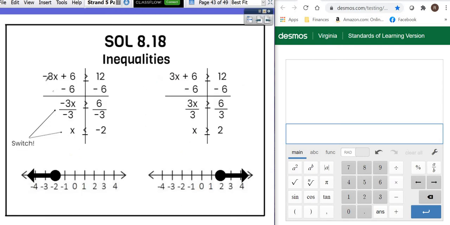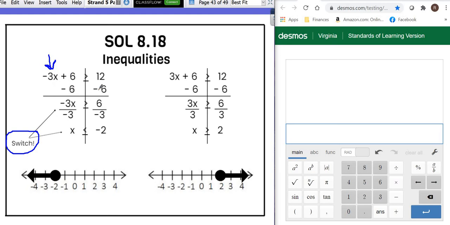So for example, when we're solving an inequality, I'm going to look at this first one here. We've got negative 3x plus 6 greater than or equal to 12. If there's a variable on one side and the number in front of it is negative, I know my inequality is going to have to switch. There is no other way to do it.